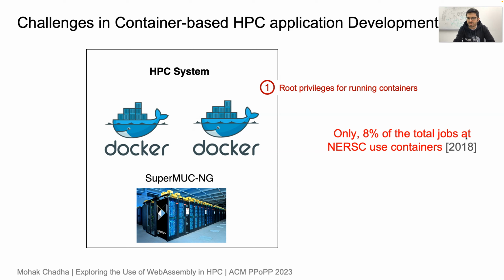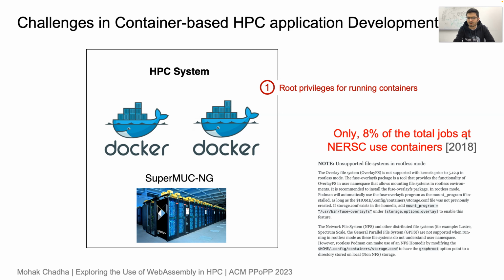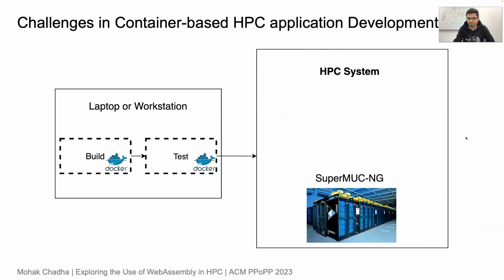There are also solutions such as Singularity and Podman, which support rootless containers, but their current implementations have some drawbacks. For example, they do not support parallel file systems commonly found on HPC systems. Also, building OCI compliant application container images almost always requires root privileges. So you cannot really do that on an HPC system.